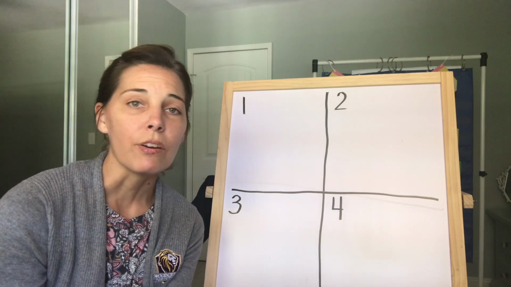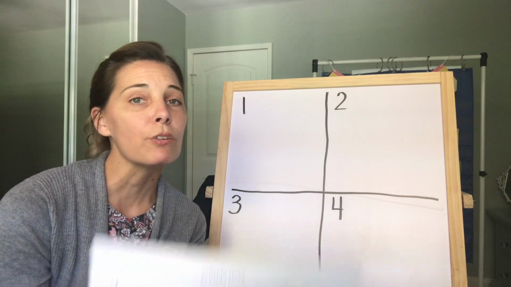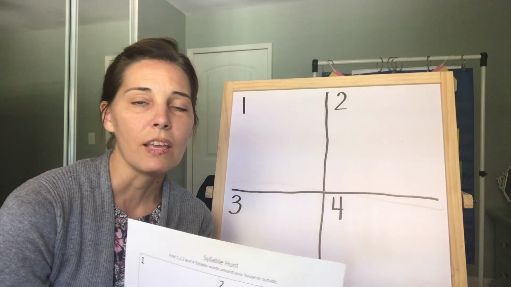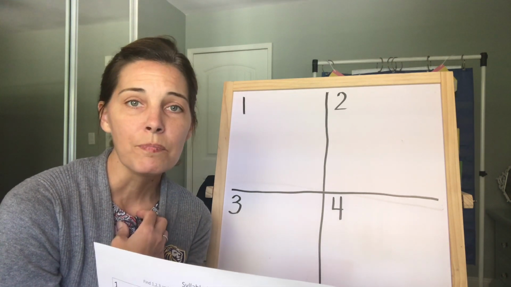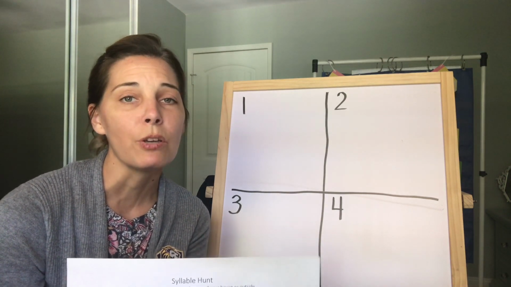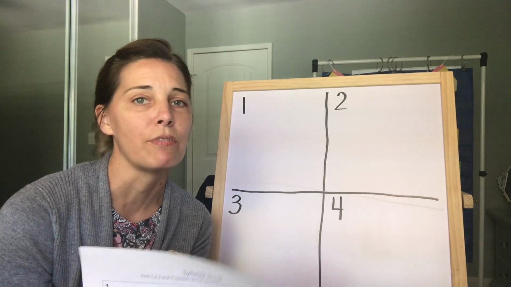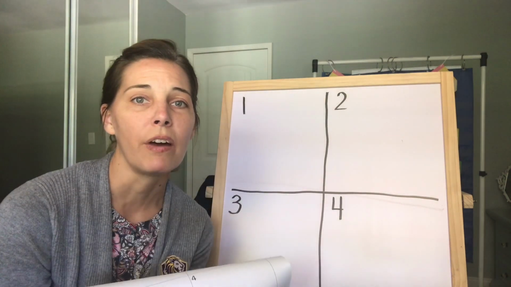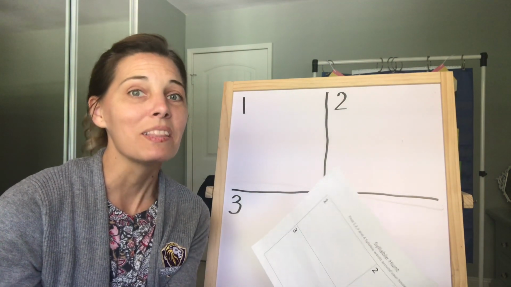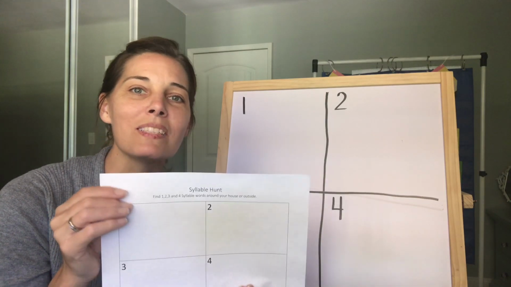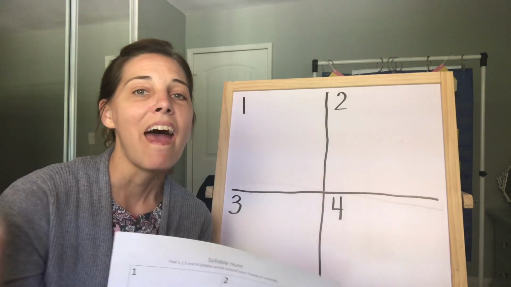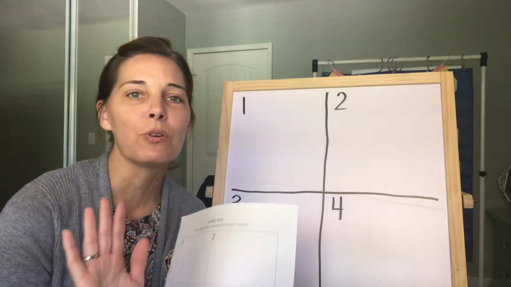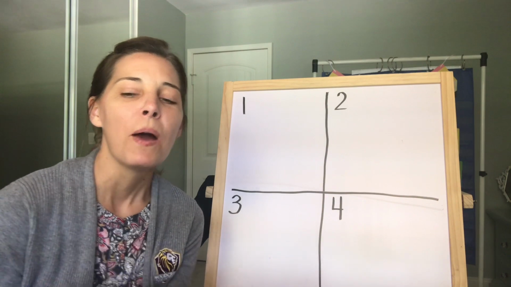You can either do this along with Mrs. McCoy based on the things we saw in my yard, or you are more than welcome to go on your own syllable scavenger hunt in your yard or around your house and see what items you can find. Or you could do a little bit of both: use some of the ones we do together today and then go on your own hunt and add to your pictures.